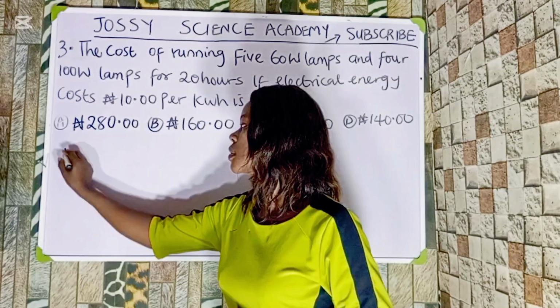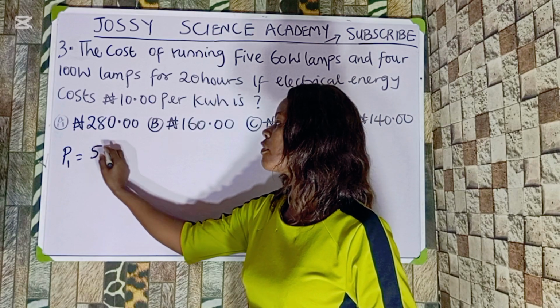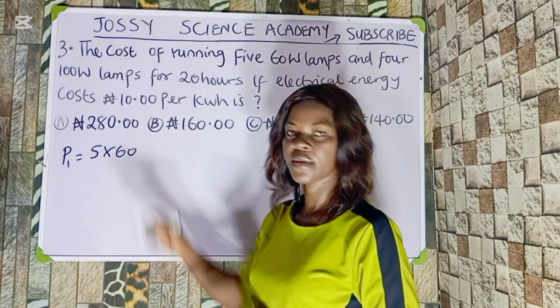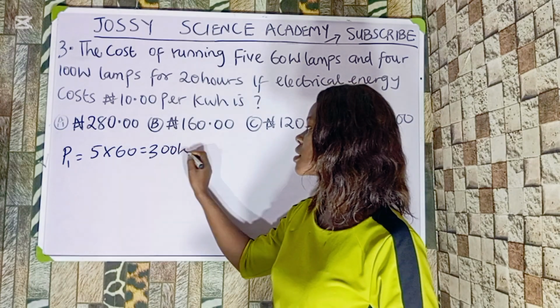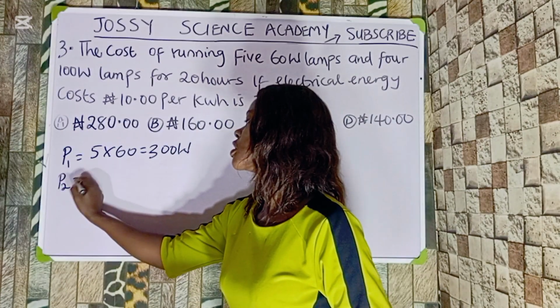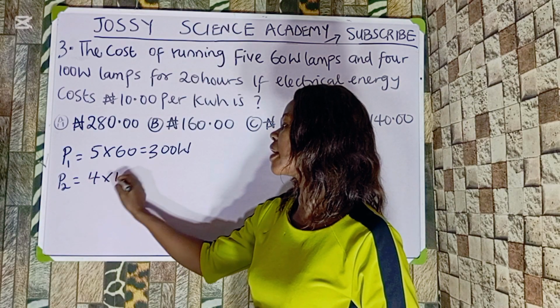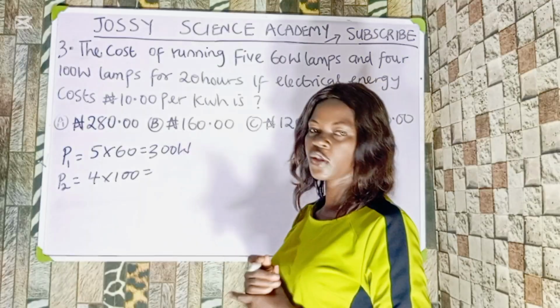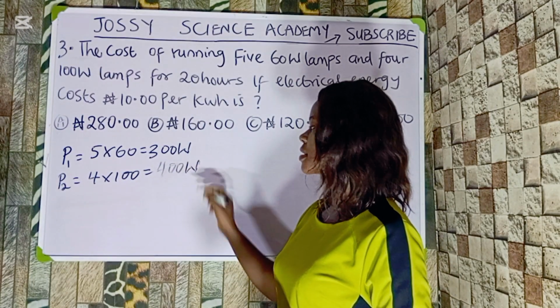So P1 is equal to 5 multiplied by 60, which gives me 300 watts. Now P2 is equal to 4 multiplied by 100, and 4 times 100 watts gives me 400 watts, right?